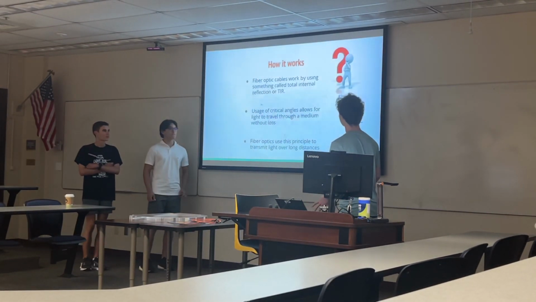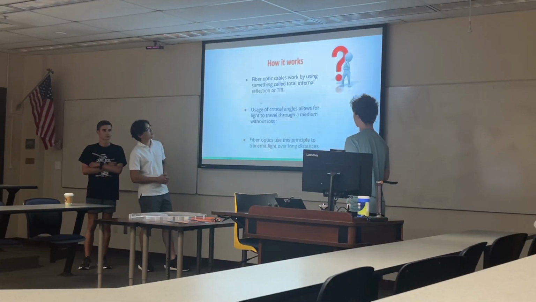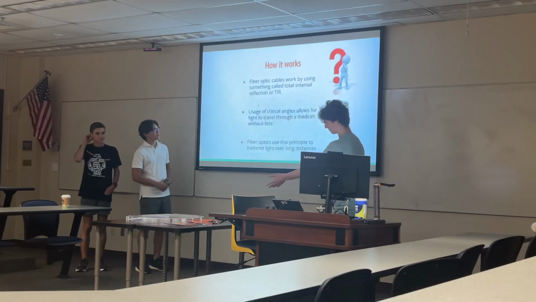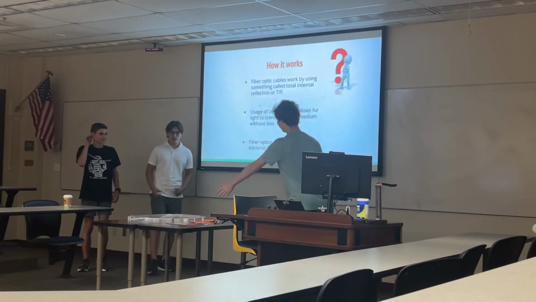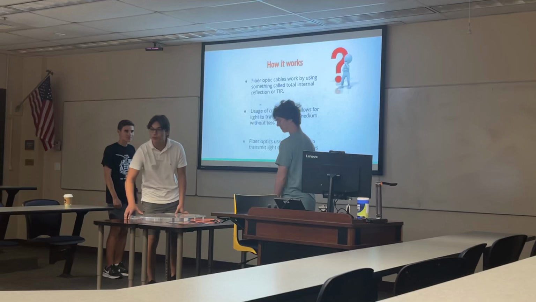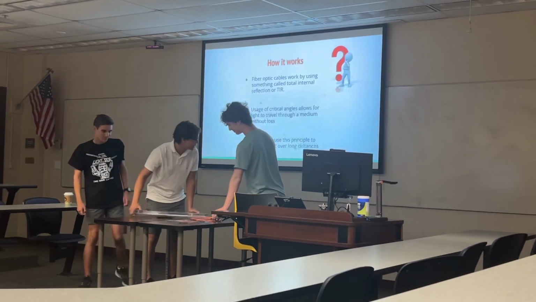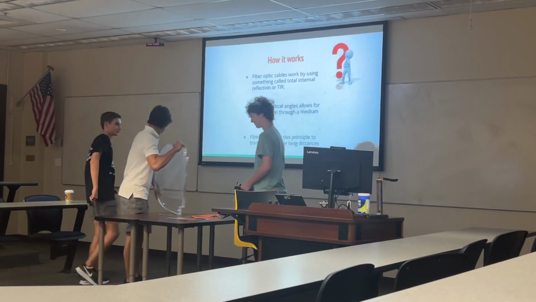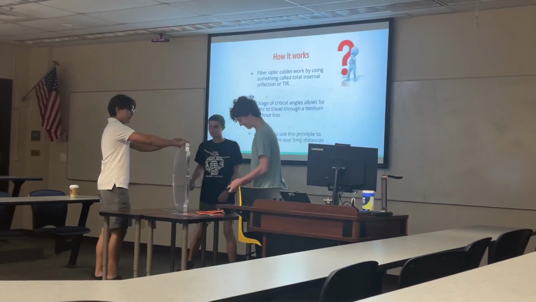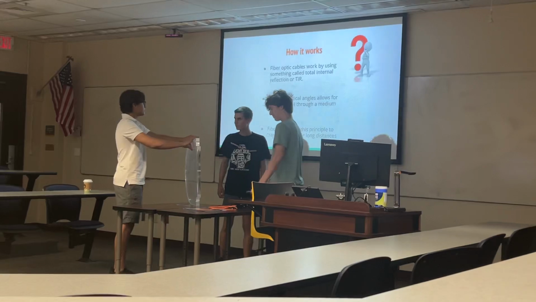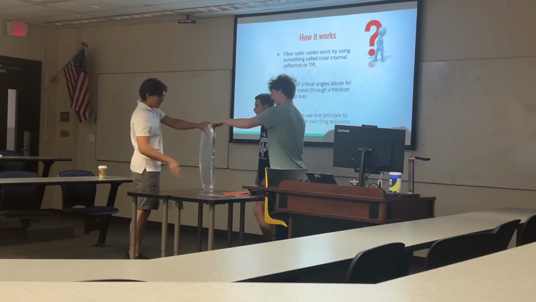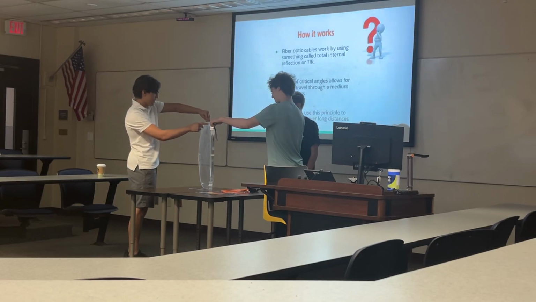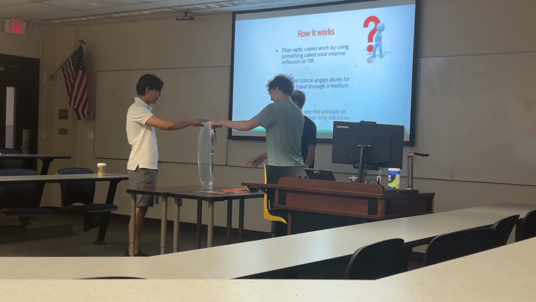Fiber optics work by using total internal reflection. We're going to do a little demonstration here of what he's talking about. The idea is that if you hit a laser inside of a medium, there is an angle where the laser will bounce.